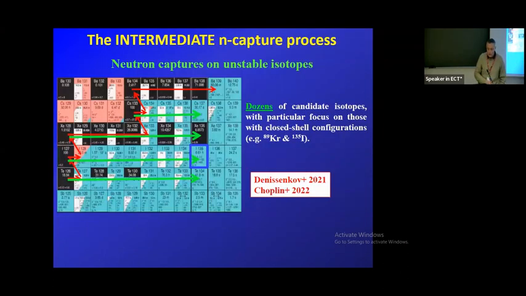I will not really deal with the intermediate neutron process because we never focused on this process. There are, and I suggest you read, these two papers, which are the most recent I found in the literature. But from the experimental point of view, this process is extremely interesting because it requires the knowledge of neutron capture rates for unstable isotopes, which are close to the beta stability valley.